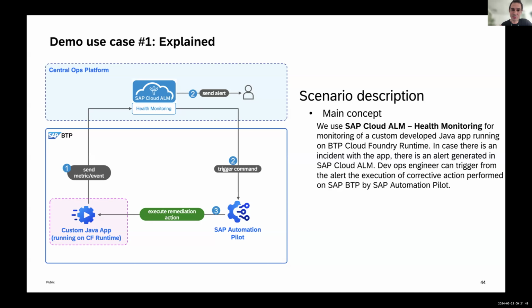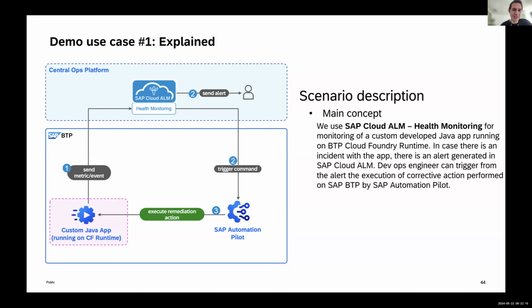It might be to upscale, to provision a new instance for that application, or to run particular scripts against that application. But in our use case, it's going to be something simpler, which is simply to restart the application, because within the Automation Pilot we use already provided content for that.